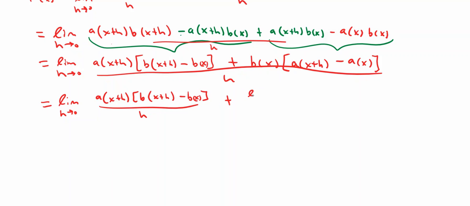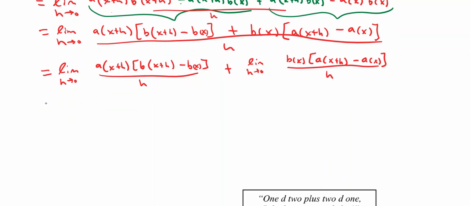So this would be the limit as h approaches 0 of b of x times a of x plus h minus a of x all over h.